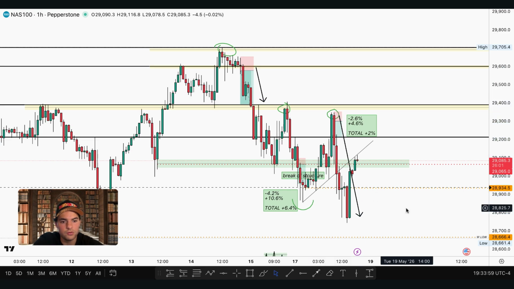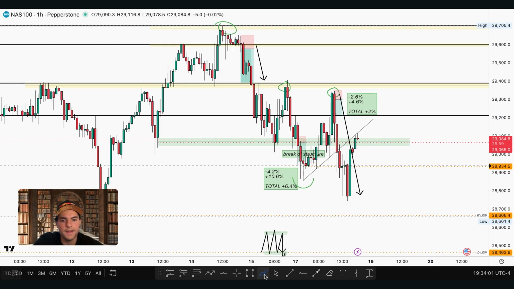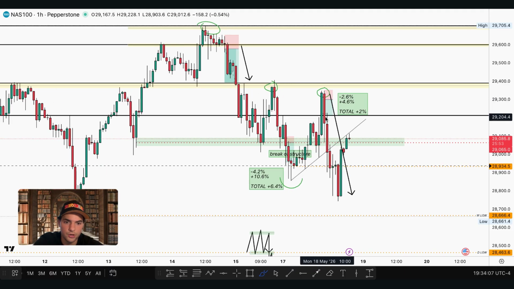Now if we follow the structure, I made the mistake of closing the trade early, right? I still ended up in profit, but I closed early, because if we look at the structure, like I said, we made a new lower high here. If this is a lower high, we are supposed to make a new lower low, which is what we did right now.